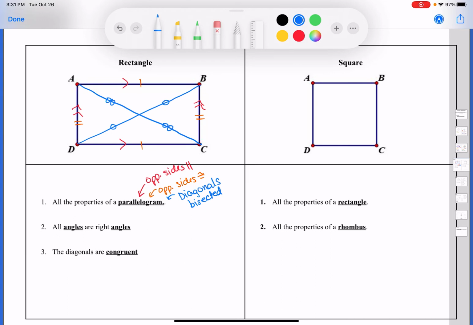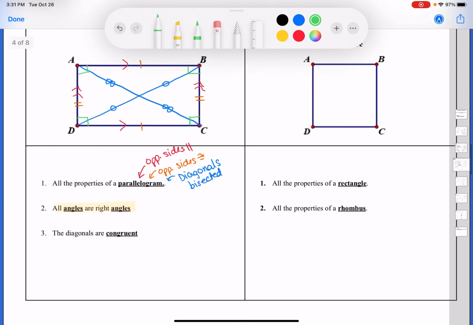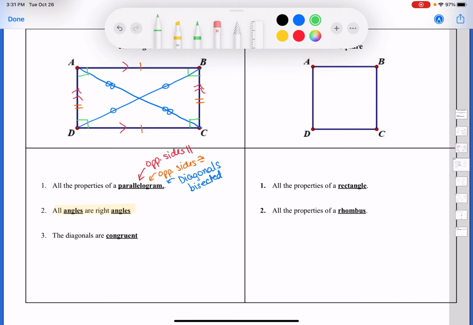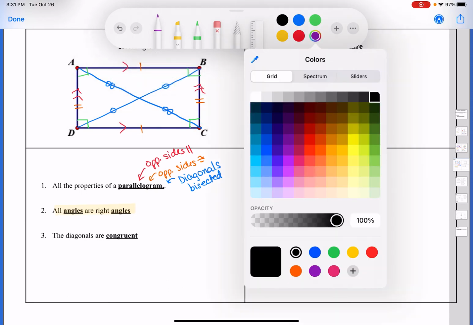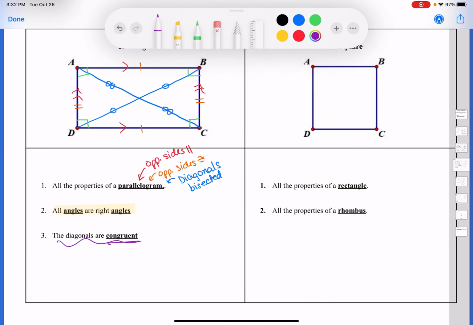All right. And then the defining factor for our rectangle is that all of the angles are right angles, right? So all of these angles are right angles in the corners. That was the big idea of what a rectangle is all about. The other additional thing, though, is that the diagonals are congruent.